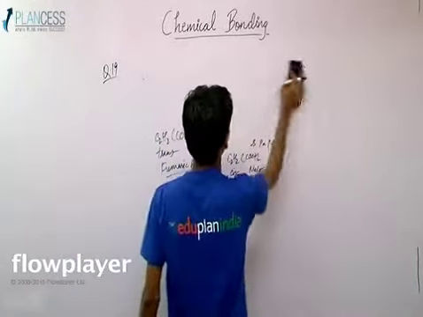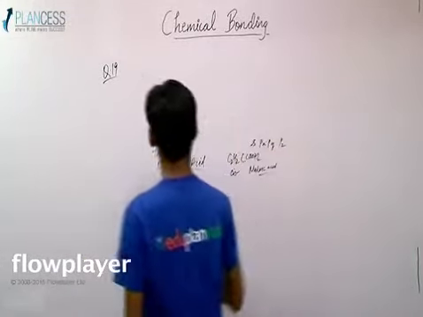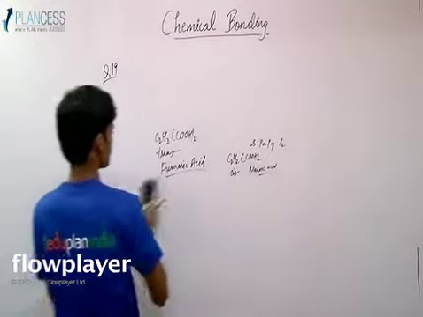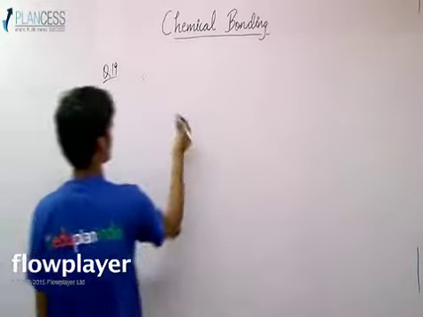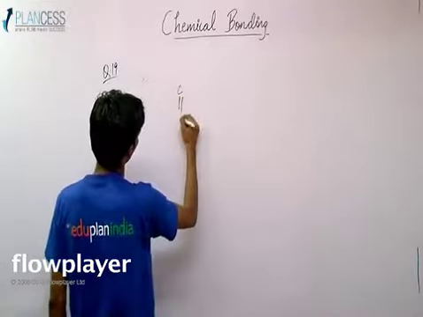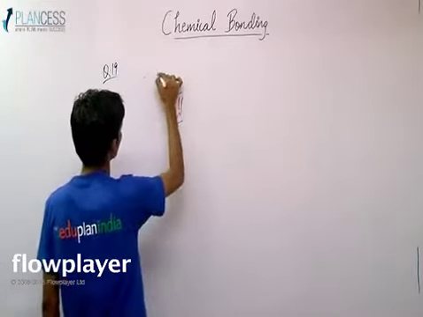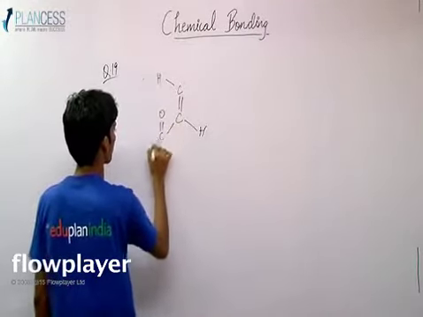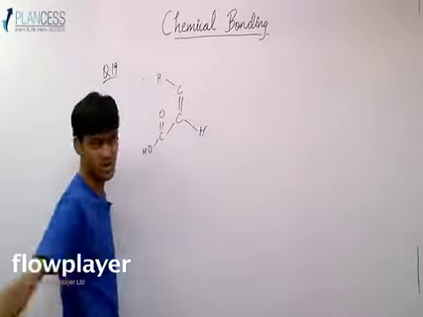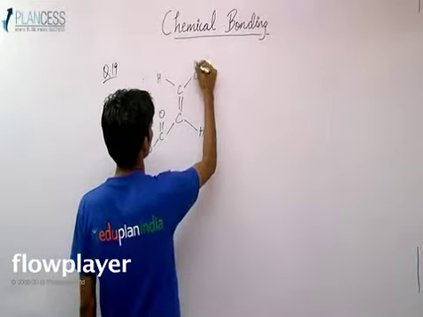So if you want to draw the structure of fumaric acid, that is trans C2H2(COOH)2, since it's a trans, it would be CH here, and COOH, and the other COO.